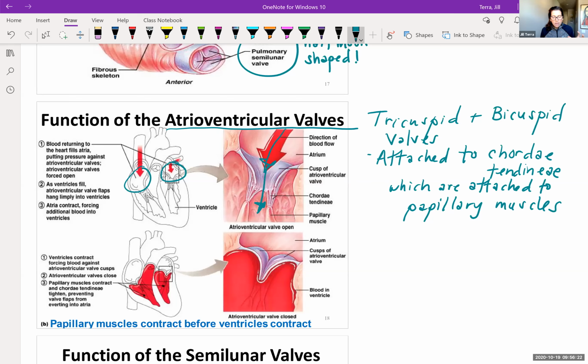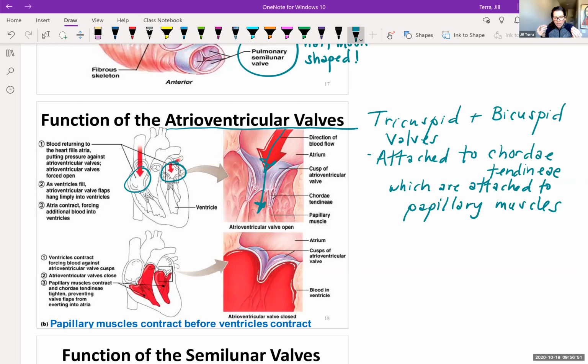Now, when the atria are mostly full, then the atria tissue contracts, and that causes any remaining blood to go down into the ventricles. So first the atria, the top chambers, contract, forcing blood down. And then the second thing that happens is the ventricles contract. Right before the ventricular tissue is contracting fully, the papillary muscles also contract.